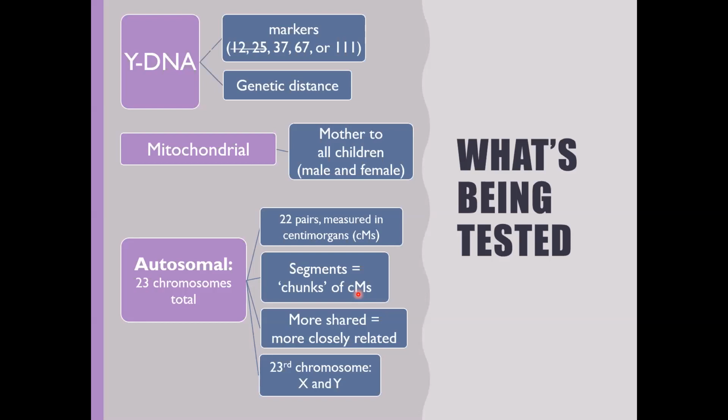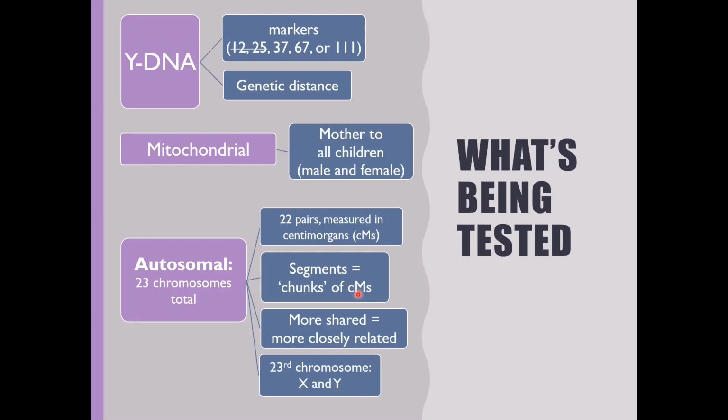The closer you are with a match to sharing all 111, the more closely you're related. They talk about the genetic distance equals the number of steps different. And so with the genetic distance at 111, if you share 109, you're reasonably related. Whereas if you only share 93, you're a whole lot less related.